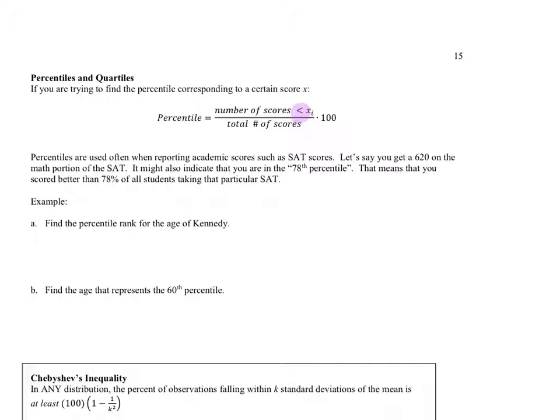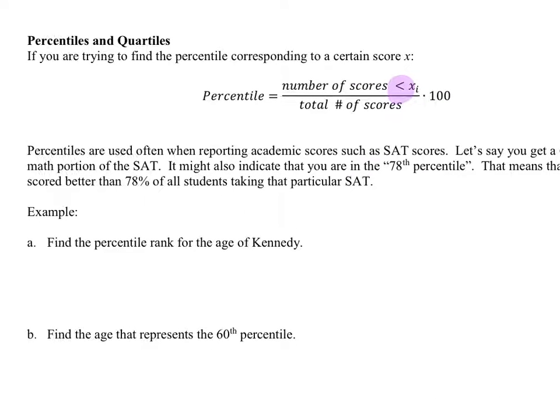All right. So we're looking for the percentile rank for the age of Kennedy. We've got to go back in time here. One individual out of the 45, multiplied by 100 and rounded. So 1 out of 45 times 100.